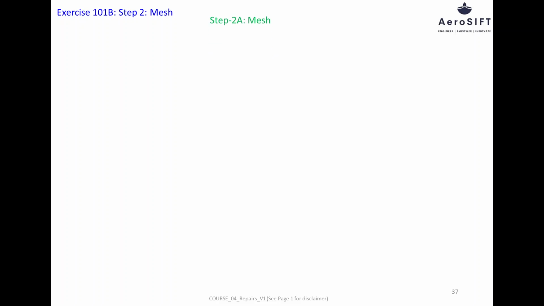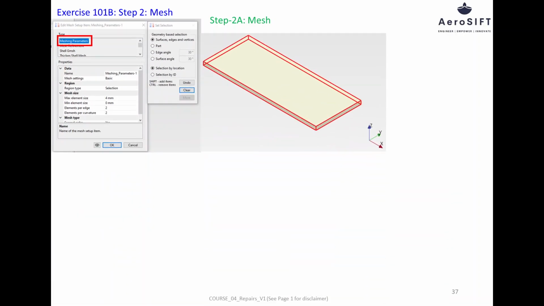In this step 2, the mesh is generated for the imported 3D solid model. The process begins by creating a mesh setup item and selecting meshing parameters as the type. Within this setup, mesh size controls are defined with a maximum and minimum element size both set to 4 millimeters, and 2 elements per edge and 2 per curvature are specified.